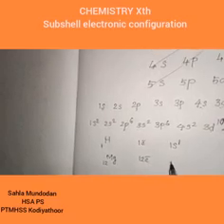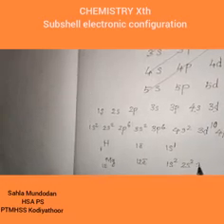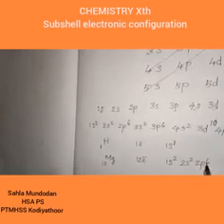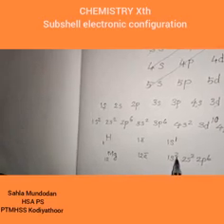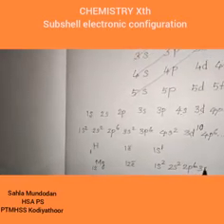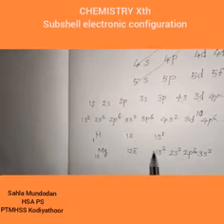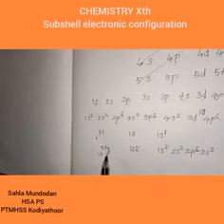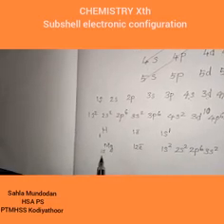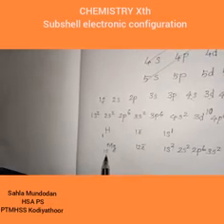Then its subshell electronic configuration is 1s2, 2s2, 2p6. Then how many electrons? 2 plus 6, 10. Then 3s2.